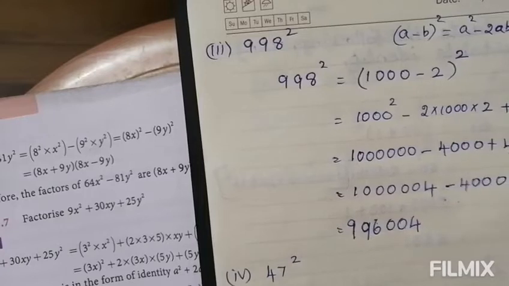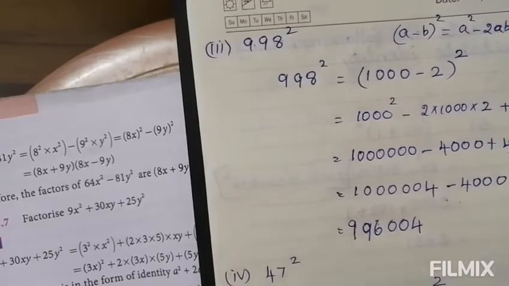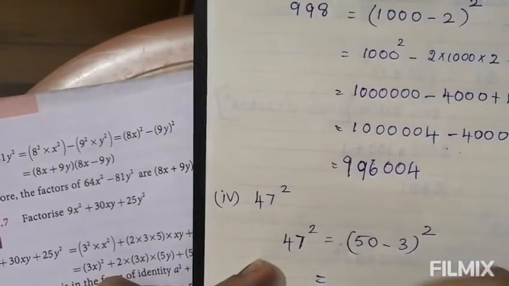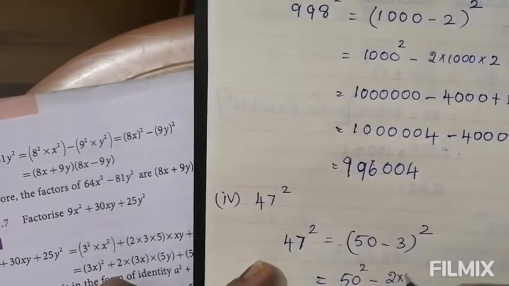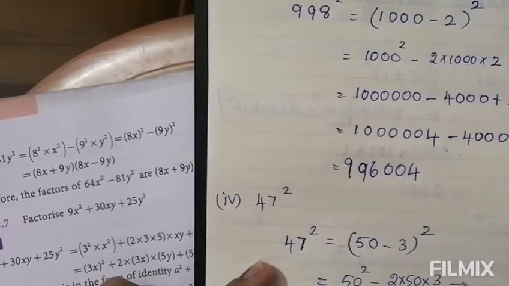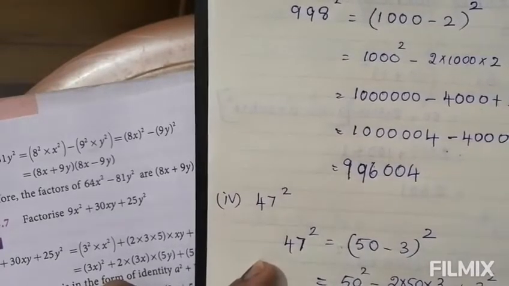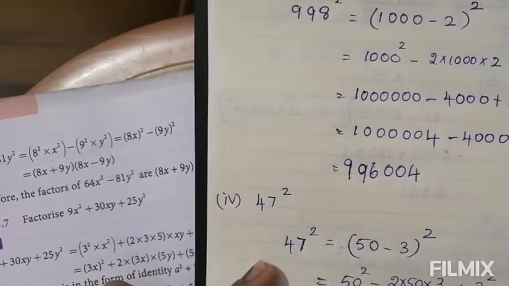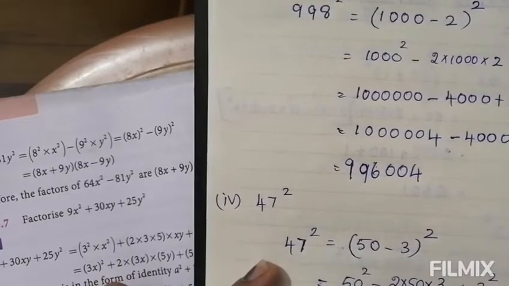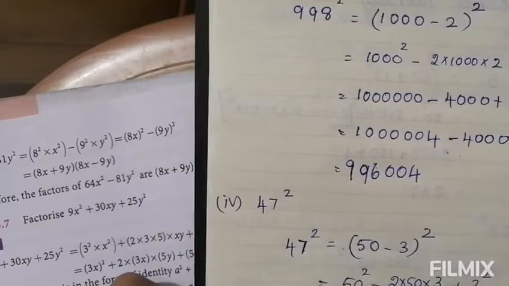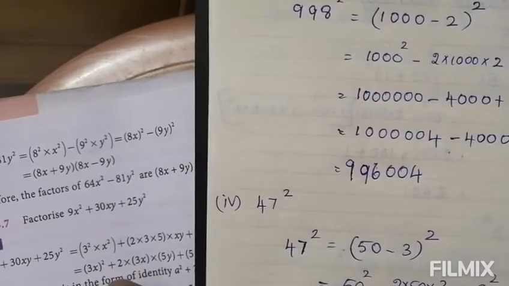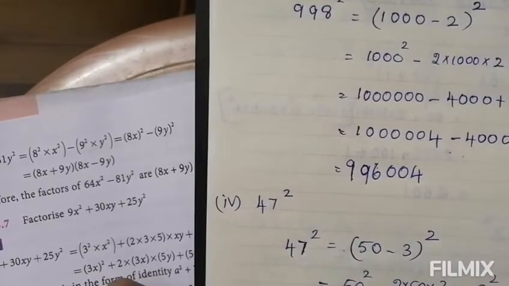So next, 47 square, which is equal to... we can write as, when the nearest multiple of 10 is 50, so (50 minus 3) the whole square. Which is equal to a square, 50 square, minus 2 into 50 into 3 plus b square, that is 3 square. 50 square is 2500 minus 100 into 3, 300, plus 9. So this is plus, this is plus, this is minus.